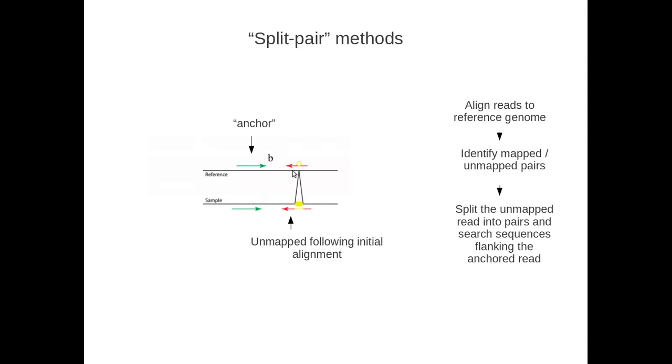This is the reverse scenario. Insertions are much more difficult to detect with these methods because effectively we're only able to detect insertions in the sample relative to the reference that are spanned by the read itself. And so these tend to be very short insertions that we're able to detect.